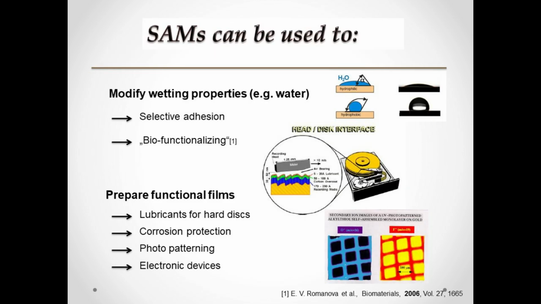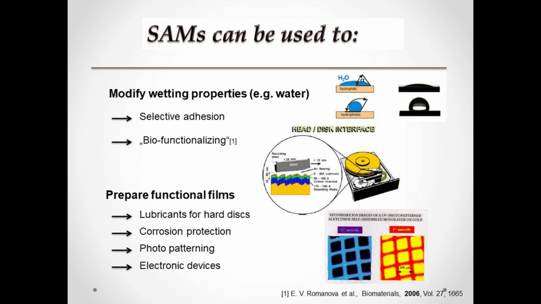For slide 10, this is just about the applications of SAMs. It can modify the wetting properties by selective addition, or by biofunctionalization. You can see that it may change the hydrophilicity or hydrophobicity of the surface.